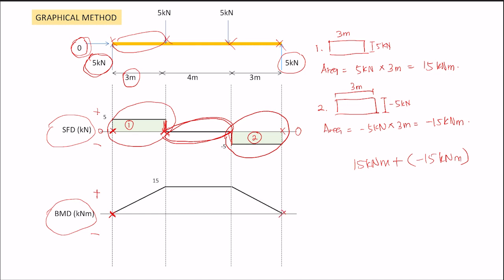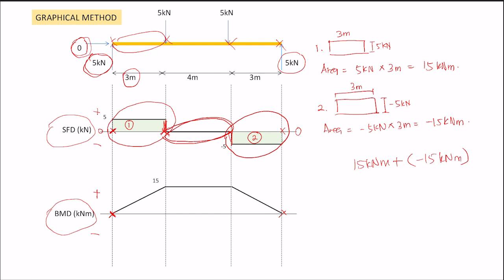When you end with 0, this is in the state of equilibrium. So if you calculate the SFD or BMD and you don't get zero at the end, perhaps there is some error when you calculate the reactions or during the calculation for the SFD and BMD in this graphical method.